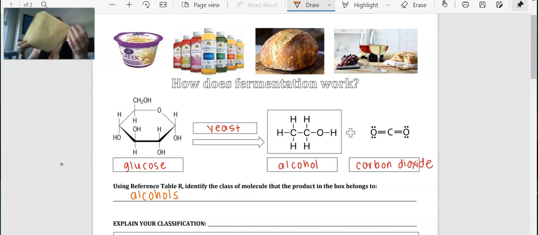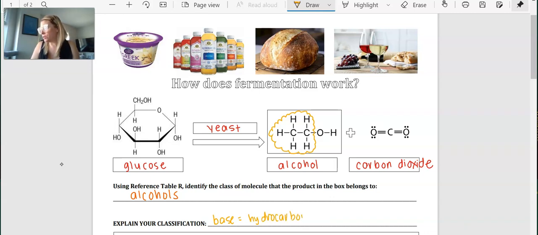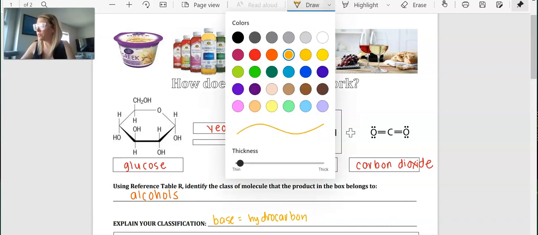Taking a look at the molecule itself, notice that the base of our molecule is a hydrocarbon.